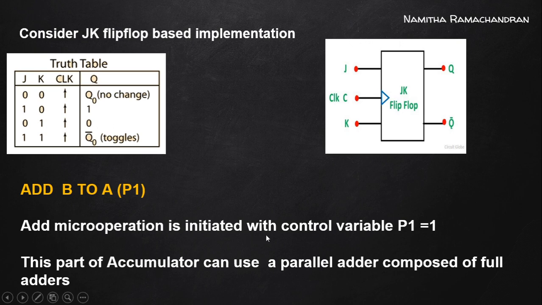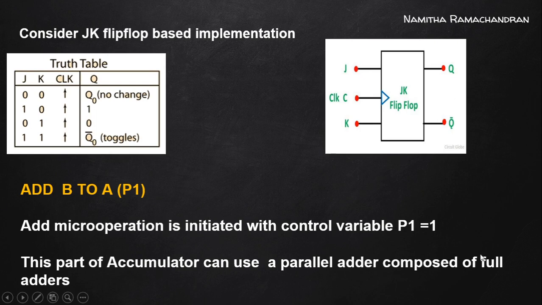The add micro operation is initiated when control variable P1 becomes 1. If P1 equal to 1, then the accumulator circuit performs this addition operation, where the accumulator content is passed to our ALU, takes some content from some other general purpose register, and performs the addition.